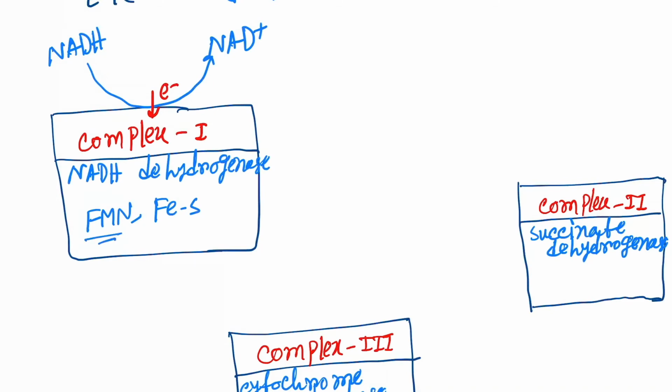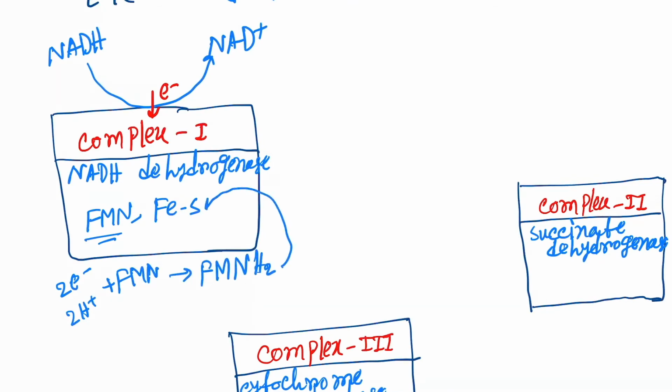First, FMN receives the electron and it forms 2 electron plus 2 hydrogens plus FMN, and it will cause formation of FMNH2. Now this will release the electron to FES.